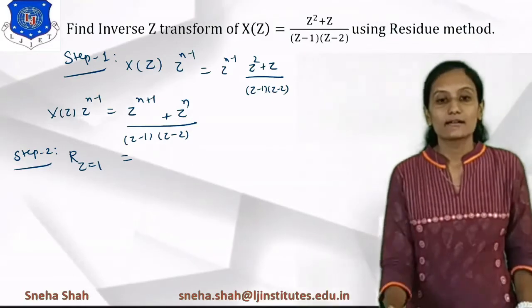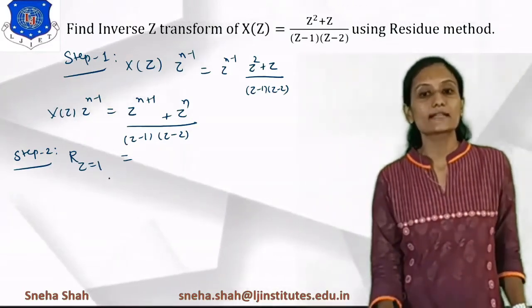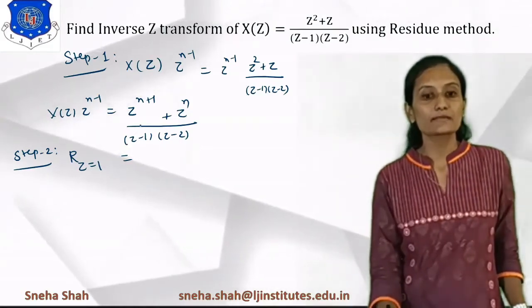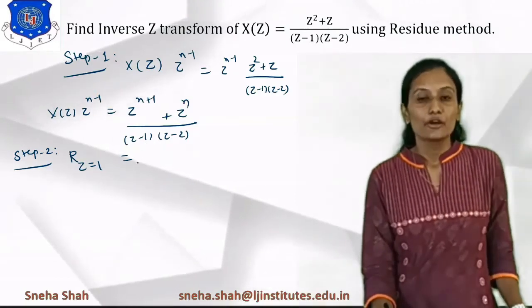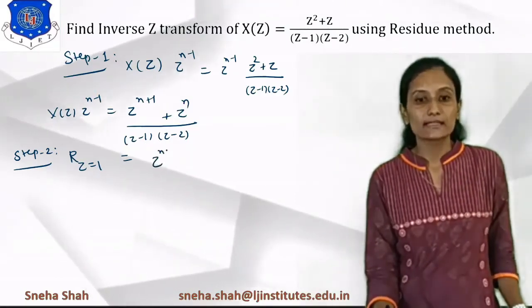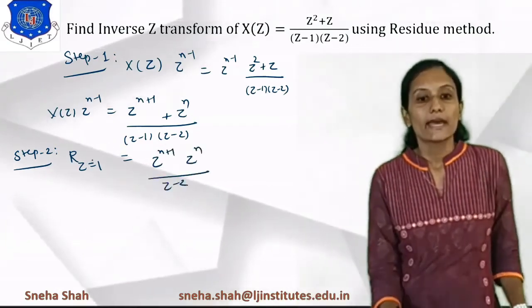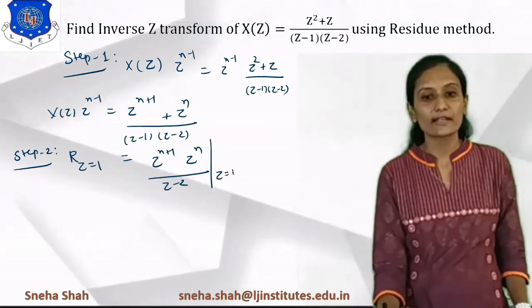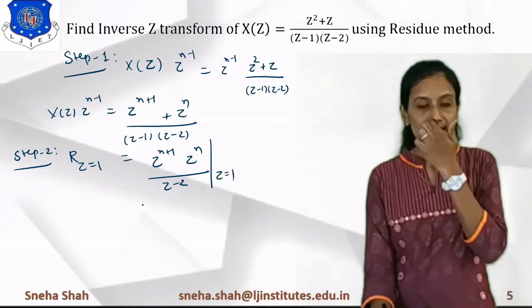So if we are finding the residue at z equals 1, then what will be the residue at z equals 1? In this formula, we will remove this particular factor at which we are taking the residue. So the term becomes like this: z raised to n plus 1 plus z raised to n, upon z minus 2. And as we are taking the residue at z equals 1, I am finding this value at z equals 1.